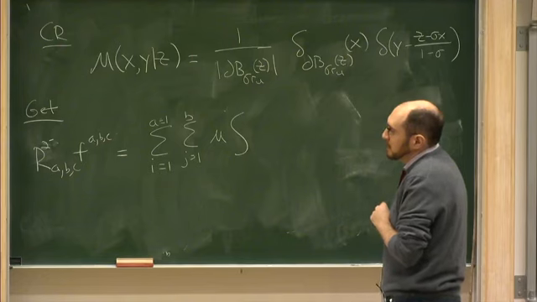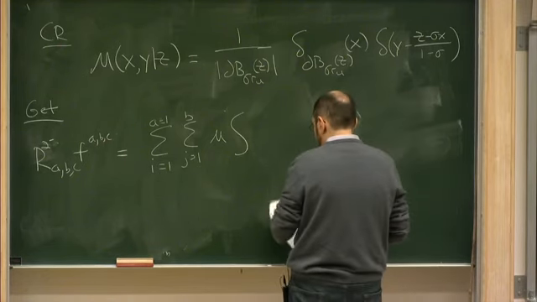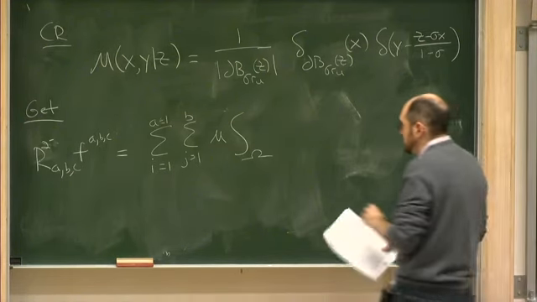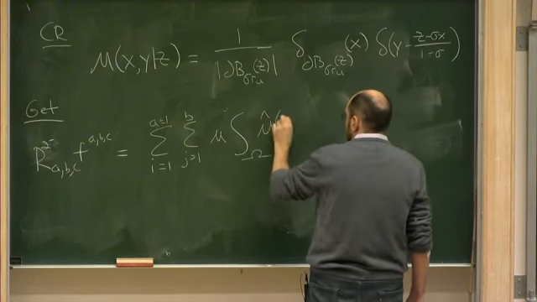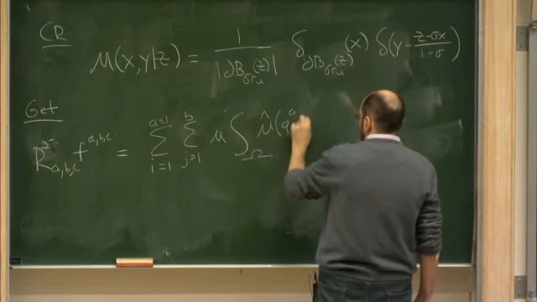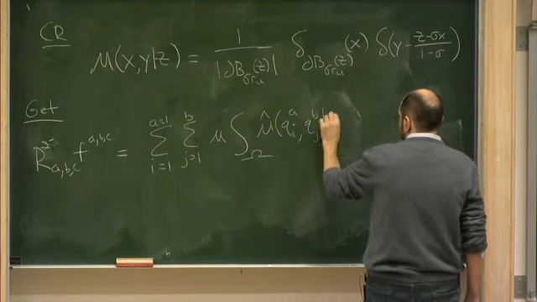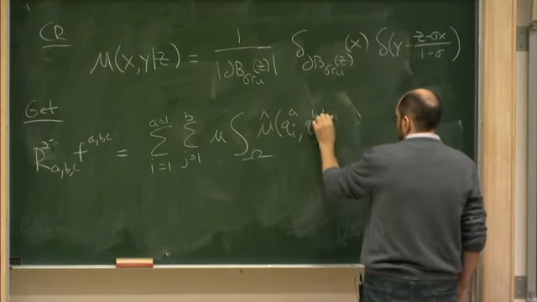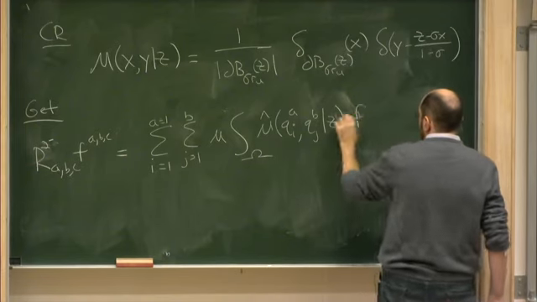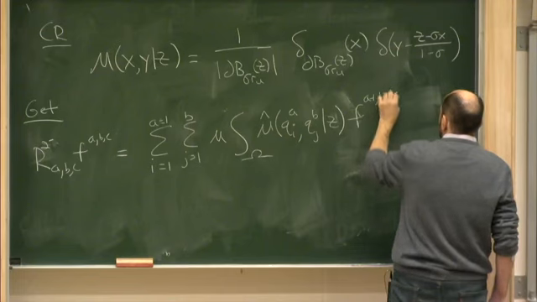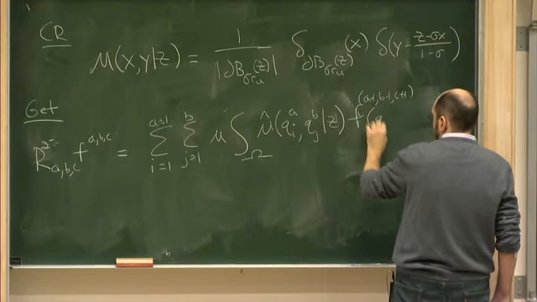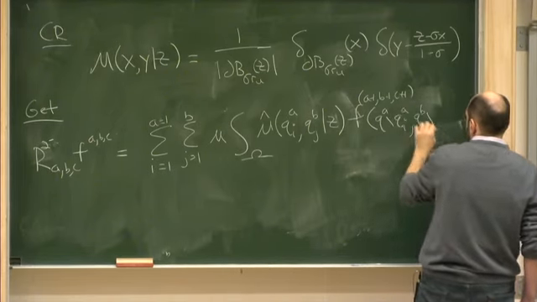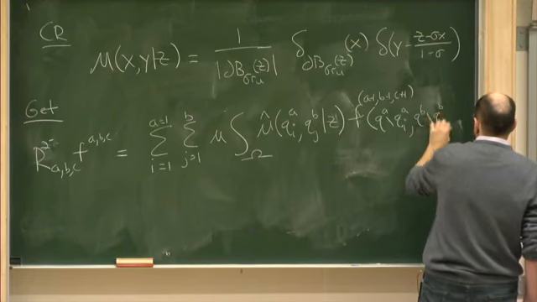We are assuming we're working in a bounded domain omega, so we have to integrate over all places that the molecule that's split apart could have been to bring me into this state. mu hat of q_ia, q_jb given z, times f of a minus 1, b minus 1, c plus 1 of q_a without q_ia, q_b without q_jb.